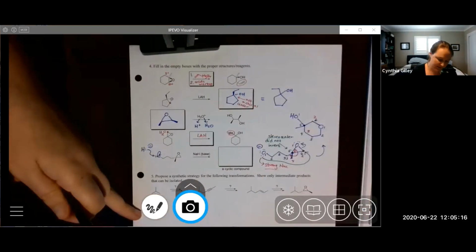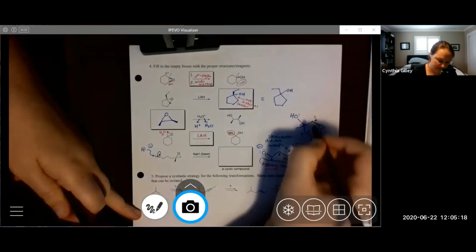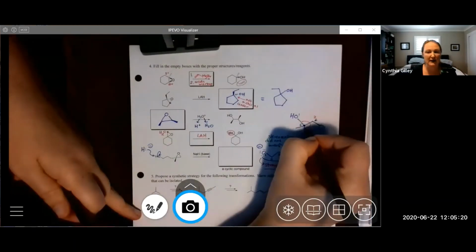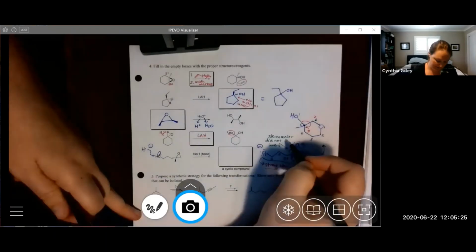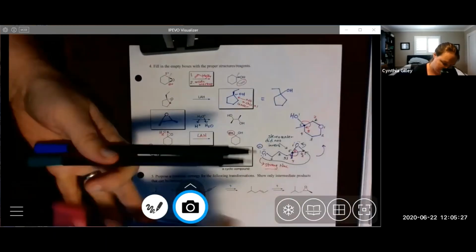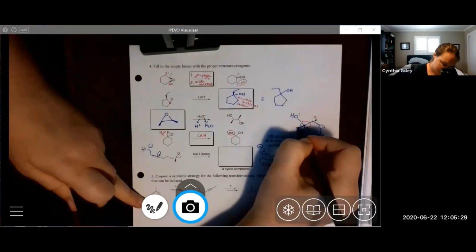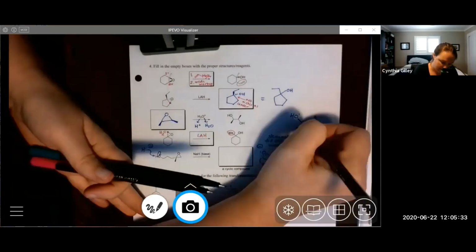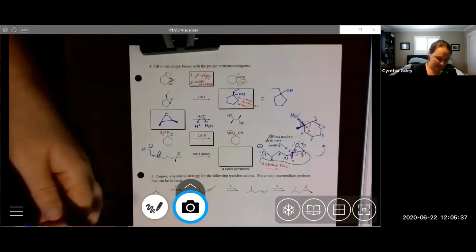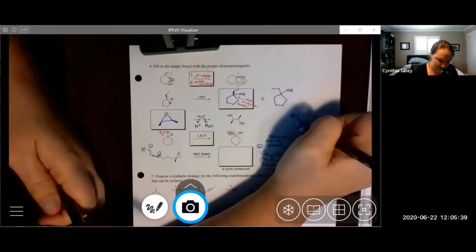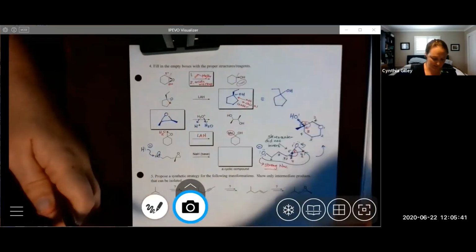So this looks like clockwise, and it would be R if our fourth priority group is in the back. So I'm going to go ahead and make our fourth priority group out at us so that it becomes S. So that's what it takes to get this to be S. And it should not have been inverted because it wasn't the carbon that was attacked.